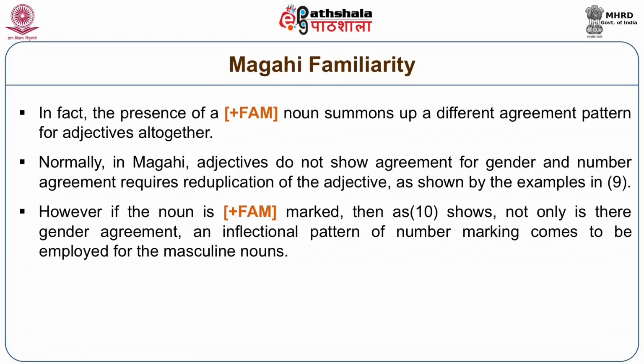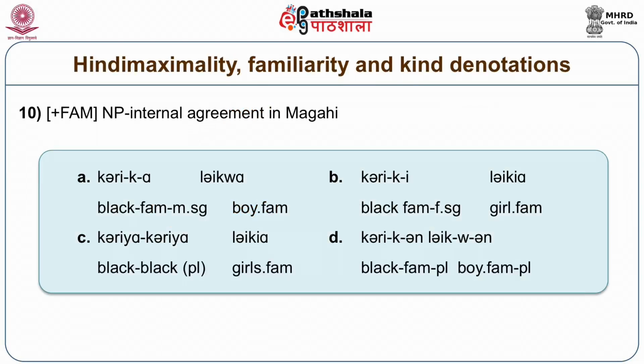However, if the noun is plus familiar marked, that is, marked with wa, not only is there gender agreement, there is an inflectional pattern of number marking that comes to be employed for the masculine nouns. So, Karika Laikwa is black familiar boy familiar. Kariki Laikya is black familiar girl familiar.